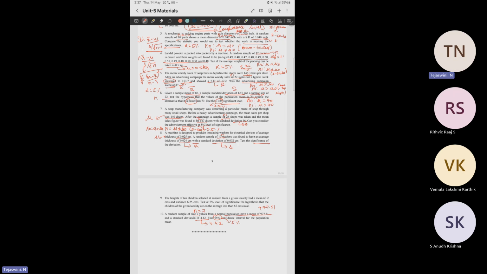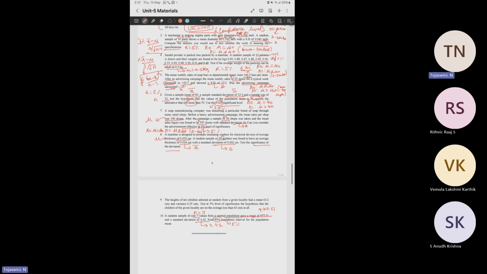Test for significance of the deviation. They didn't ask us if there is any increase or decrease as such, just change in it. So the alternative hypothesis H1 will be mu is not equal to mu naught, so it will be two-tailed, at 5% level of significance.